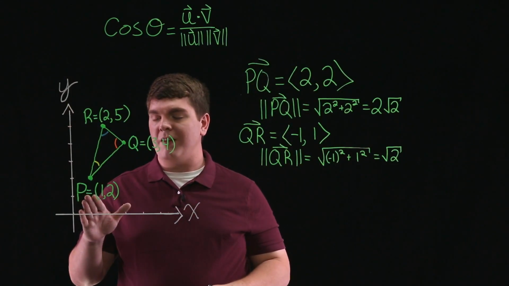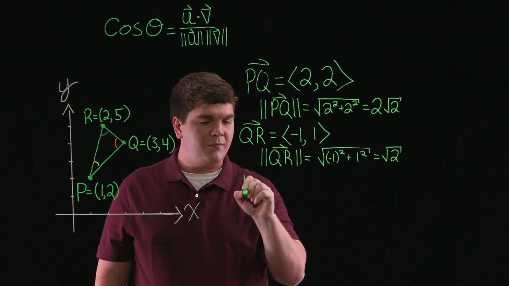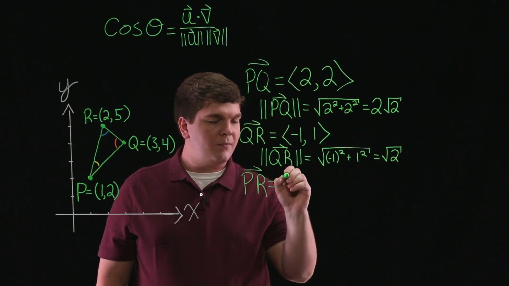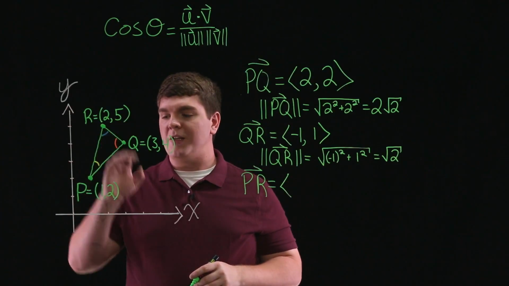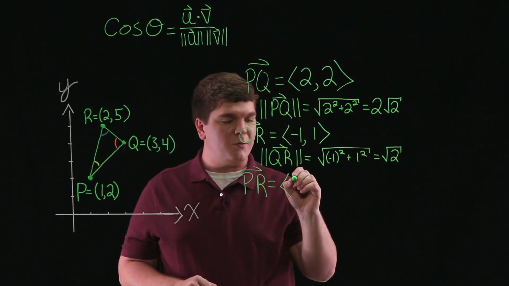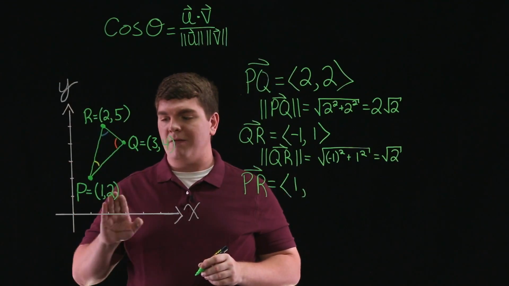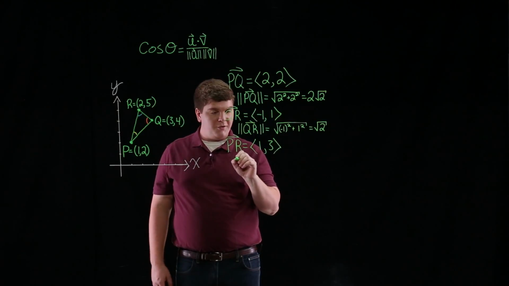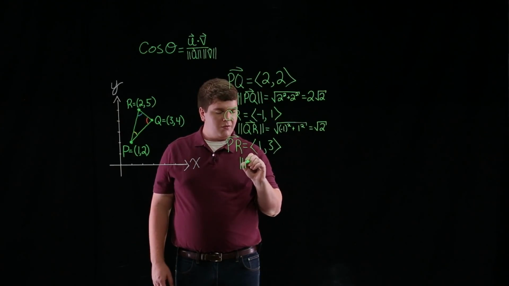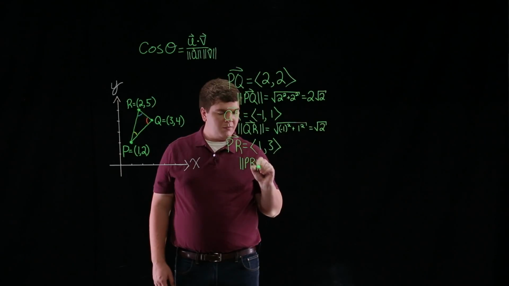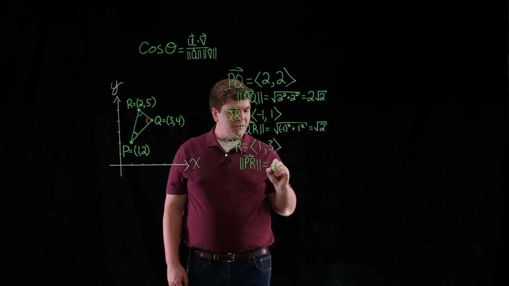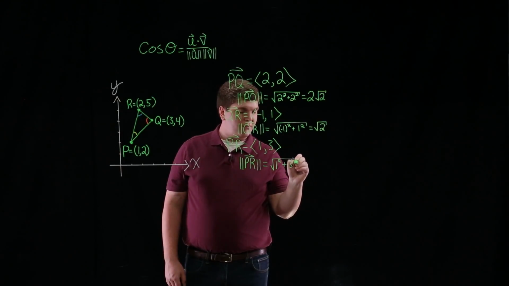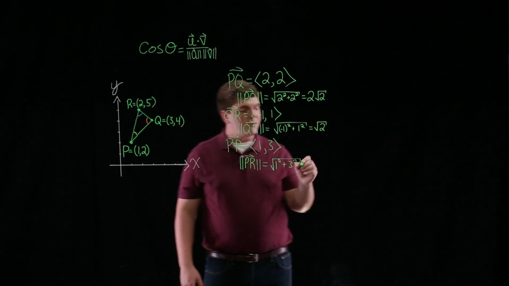And finally, let's find the vector PR. This vector will be 2 minus 1, which is 1, and 5 minus 2, which is 3. And the magnitude of PR is the square root of 1 squared plus 3 squared, which is the square root of 1 plus 9, or the square root of 10.